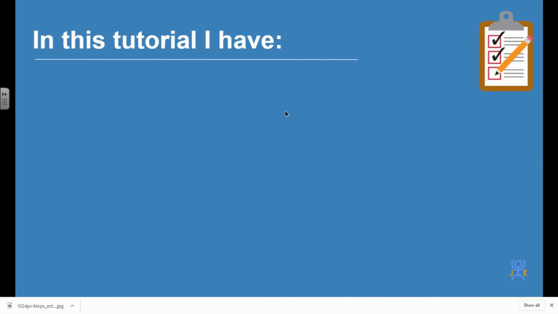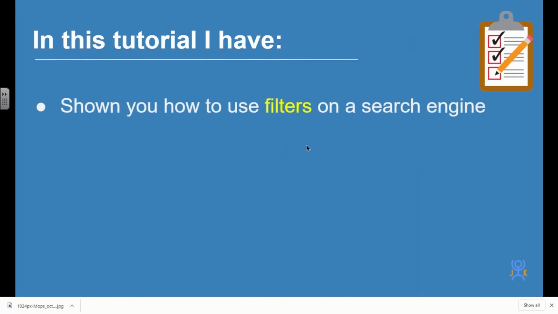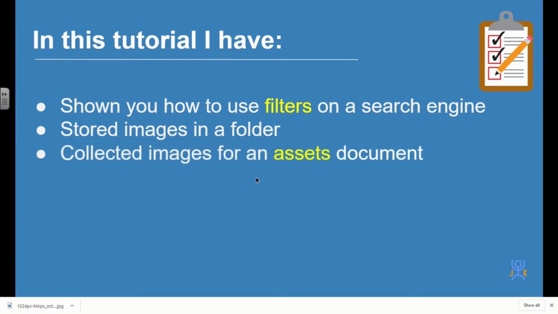Okay, so that's it. In this tutorial I have shown you how to use filters on a search engine, store images in a folder in 365, and collect the images for an assets document. So I've linked in the assets document.